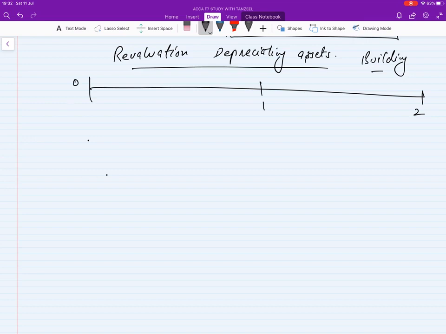If you have a cost of 10,000 and you have a life of 5 years, how will you calculate depreciation? 10,000 divided by the life, 5. It means 2,000 depreciation for year 1, and year 2 depreciation is 2,000.